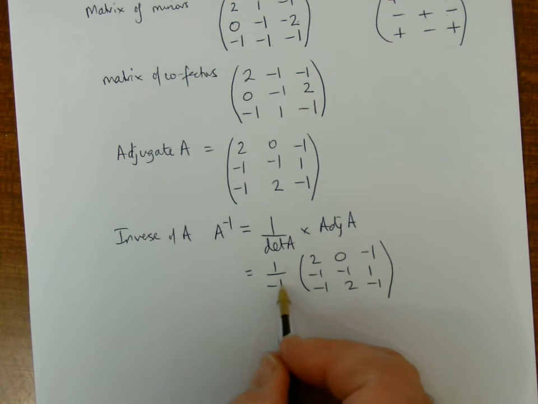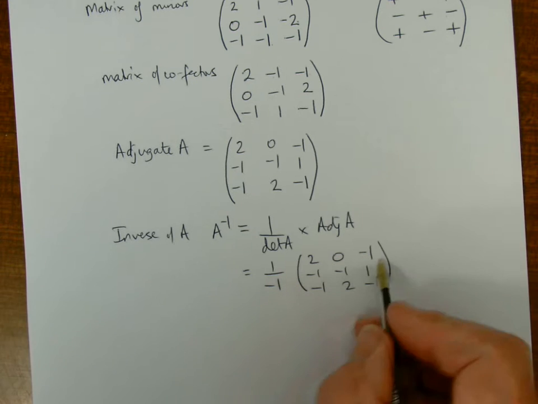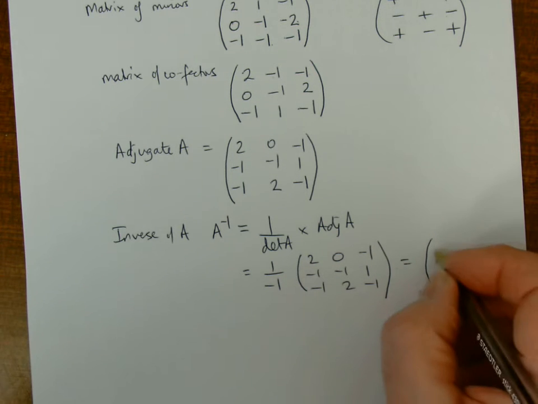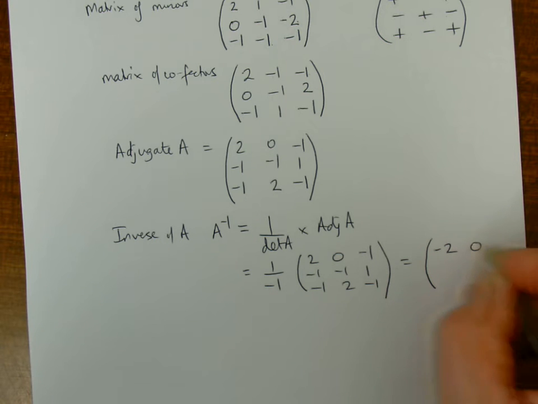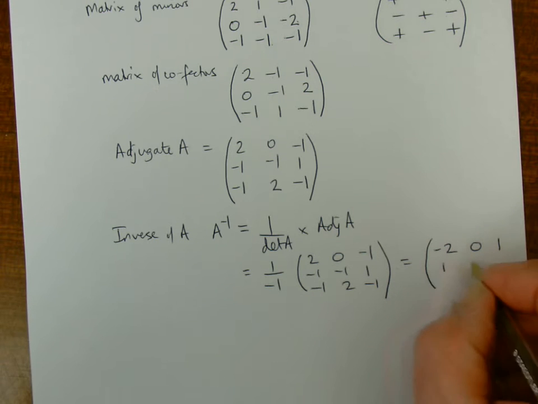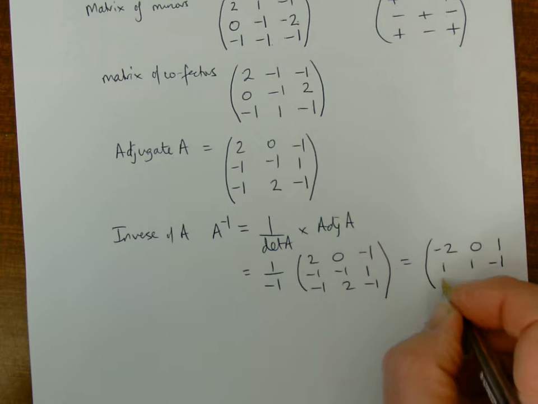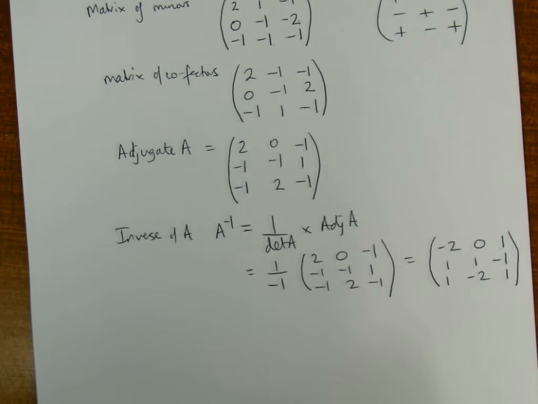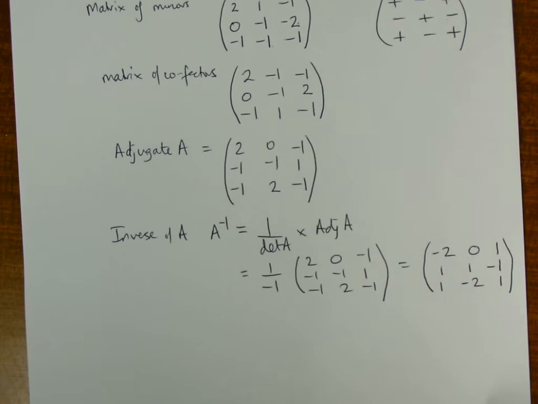Outside, 1 over minus 1 is minus 1, so when I take that inside the matrix, it just changes all the signs of the entries. So that's minus 2, 0, 1, 1, 1, minus 1, 1, minus 2, 1. So that's the inverse of matrix A.